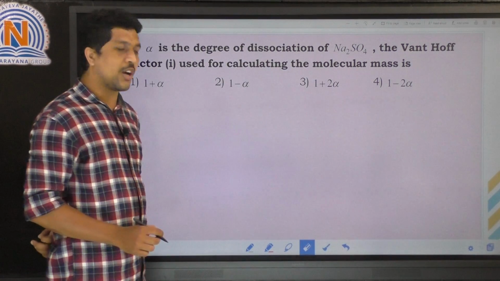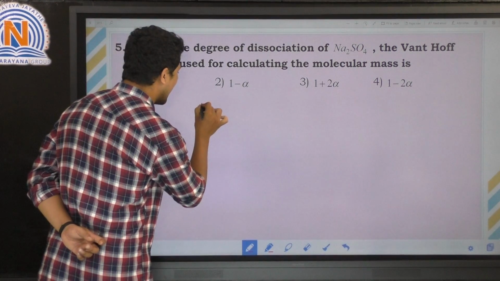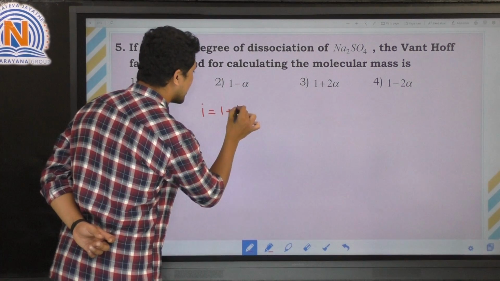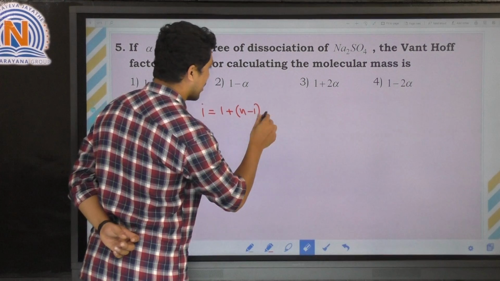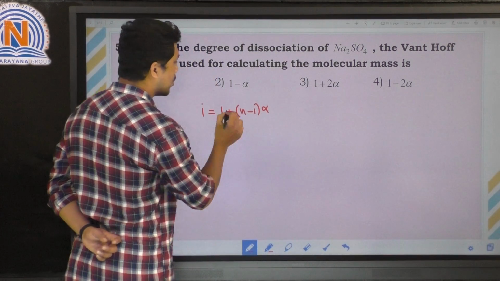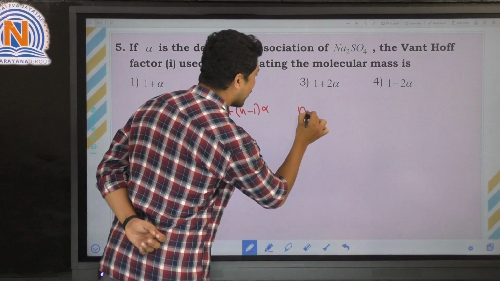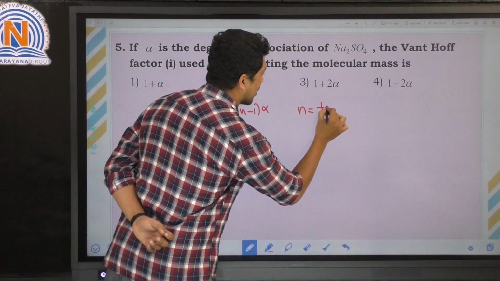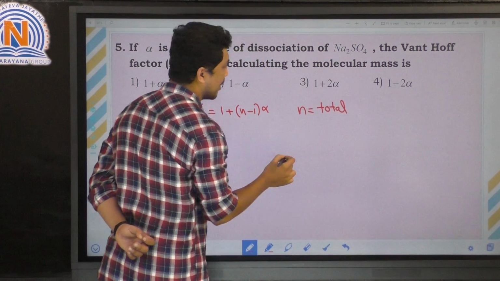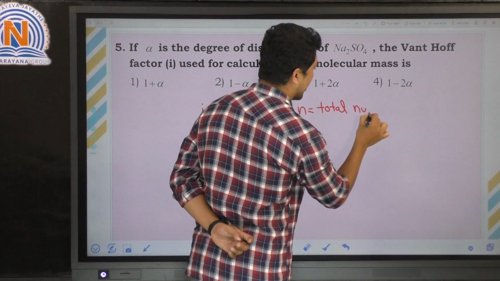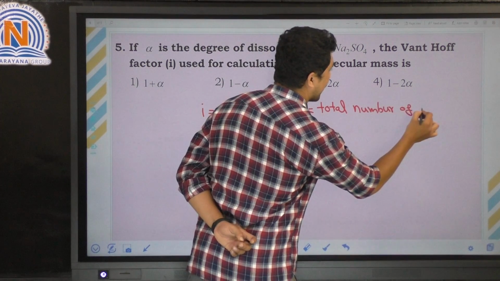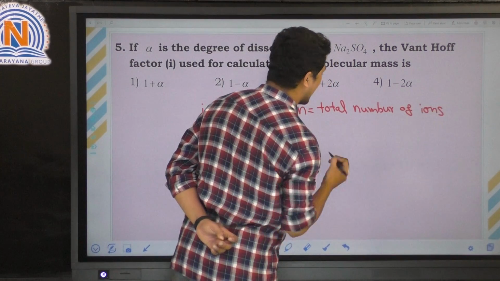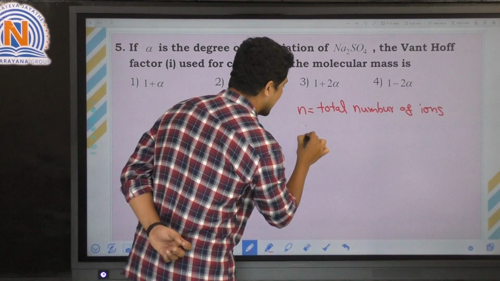The formula for the van't Hoff factor is i equals 1 plus n minus 1 into alpha. So here n equals the total number of ions.